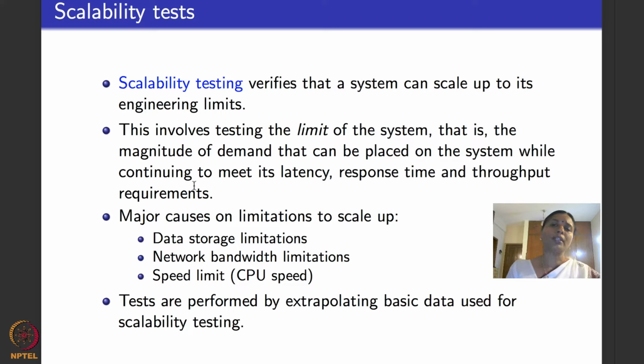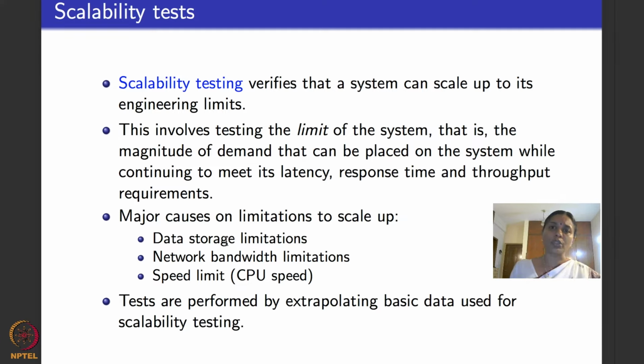So what could be the causes that can prevent a system from being scalable? Typically, the major causes are: the data storage could be limited, in the sense of accessing the database and actually storing the data. It's a very big problem to store data in such a way that it doesn't get heated up, especially for large systems like Facebook and WhatsApp.